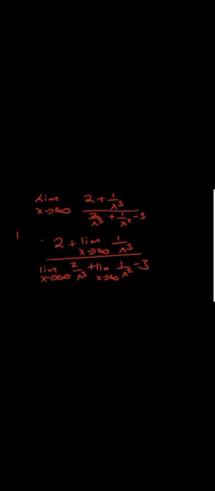So notice that you have x as a denominator, raised to any power, provided on top what you have is a constant, they are all going to be zeros. So what do we have now? What we have is 2. At every point where we have this kind of expression as a fraction, it's a 0. So it's 2 plus 0 over 0 plus 0 minus 3, and therefore our answer becomes negative 2 over what? 3.